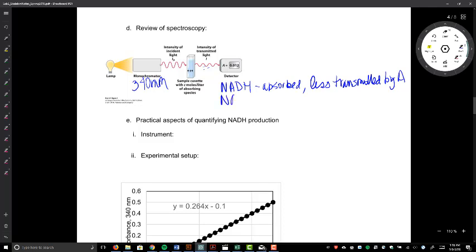Whereas if NAD plus is present, like at the beginning of our reaction, that light is going to pass through, it's going to be transmitted through the cuvette onto the detector. And as a result, we're going to see a small or no absorbance at all.